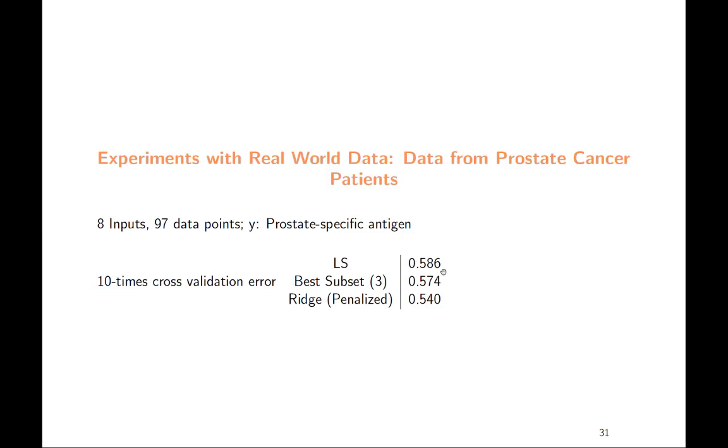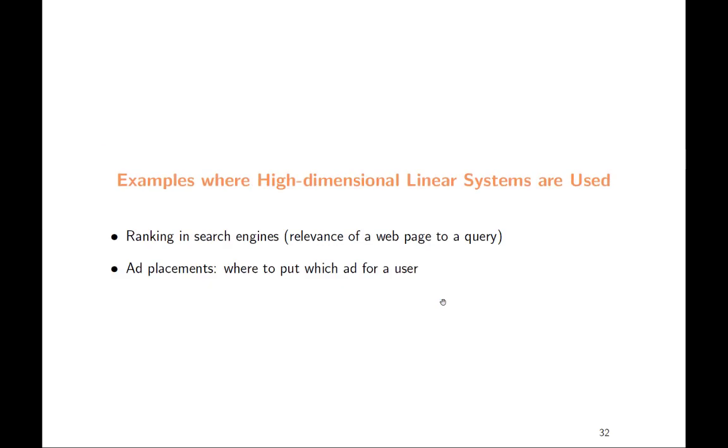If you do best subset selection, you ended up with 3 inputs from the 8. It gives you a little bit better performance, but ridge regression gave you an even better improvement, which also shows that ridge regression is really good for getting good predictive performance. But if you are really interested in interpretability and want to remove inputs which might be highly correlated with other inputs, you might want to do the subset selection procedure.